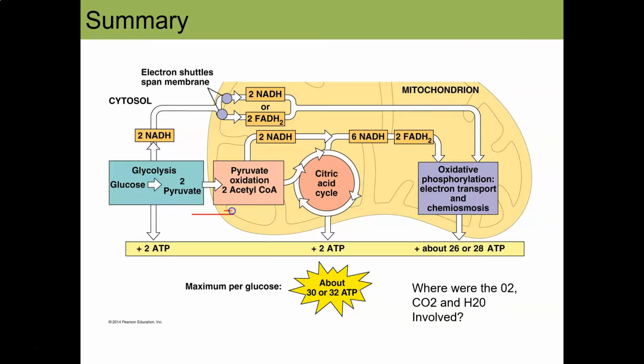And then we move into pyruvate oxidation. And that gives us some more electron carriers and breaks our carbon molecule down even further and moves it into the citric acid cycle, where it breaks down our carbon molecule even further, and we saw it move into CO2.